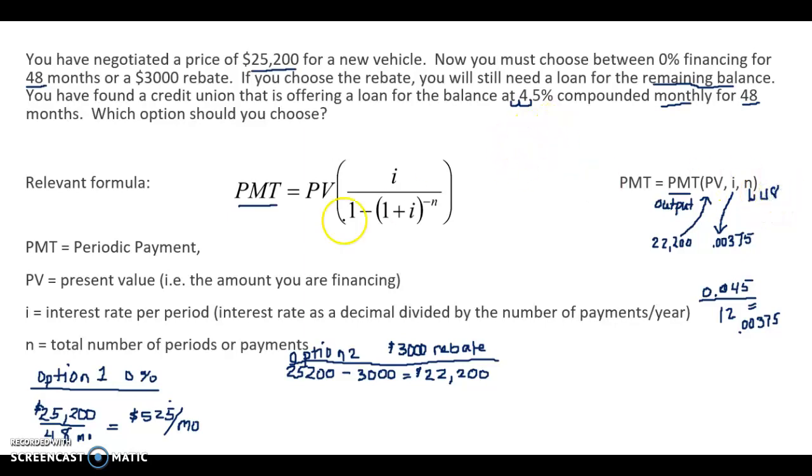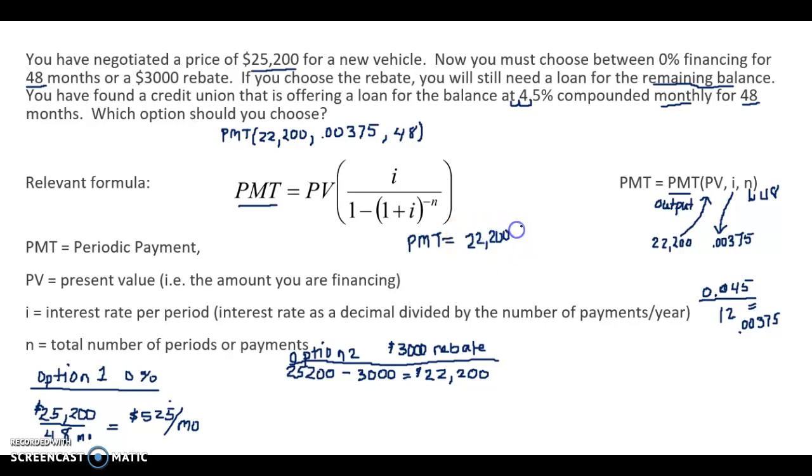So in my function notation, I'm using this formula, specifically matching up with the notation: payment based on inputs of $22,200, which matches up with the PV, present value, 0.00375, which matches up with the I, the interest, and 48, which matches up with the N. Now I get to start plugging those into this formula, and I'm going to write it out, and I encourage you to do the same because seeing the formula will help us type it on our calculator as well.